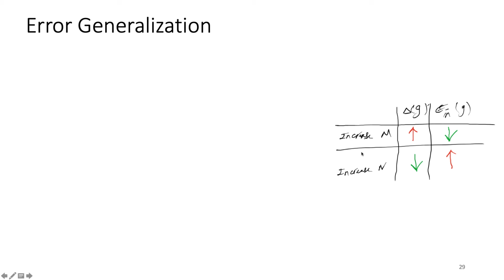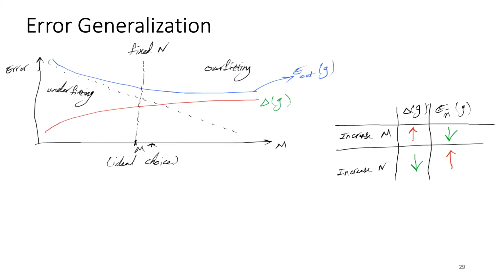But in general, your in-sample error will decrease because you have a higher chance of getting a good G. On the other side, if you increase n, the number of data in your training set, delta G normally decreases, and that's good for you because your in-sample and out-of-sample error get close to each other. But if you increase n, your training error might suffer. So now we have a trade-off in generalization.